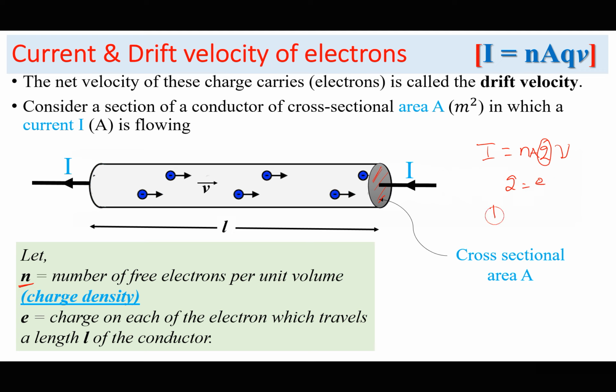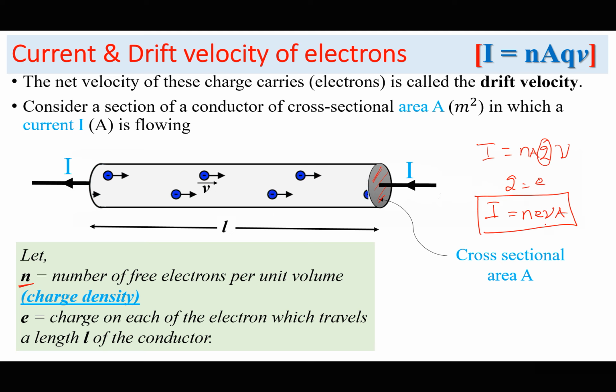My students always prefer to remember this equation as "NAQV" or "NAev", because it's easier for them to remember. So current is equal to nAev, where n is the number of free charge carriers per unit volume, which we shall call the charge density, e is the charge of each charge carrier, which is an electron, v is the average drift velocity of each of these electrons, and A is the cross-sectional area.